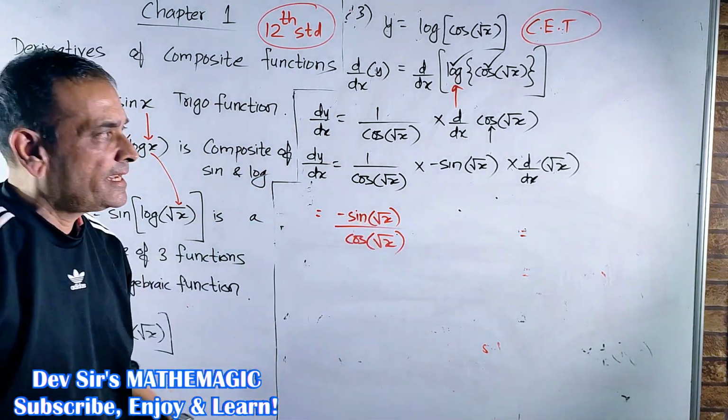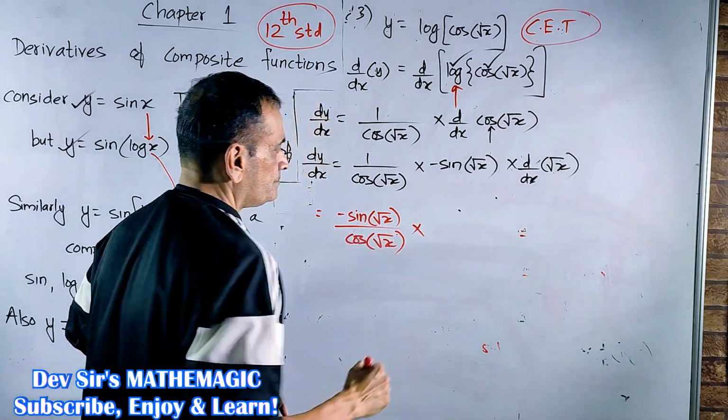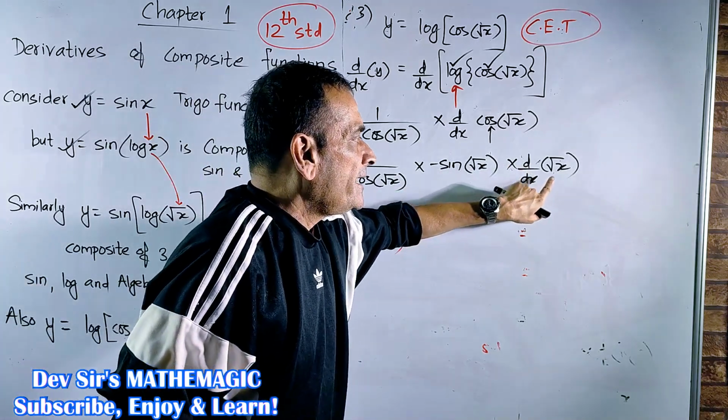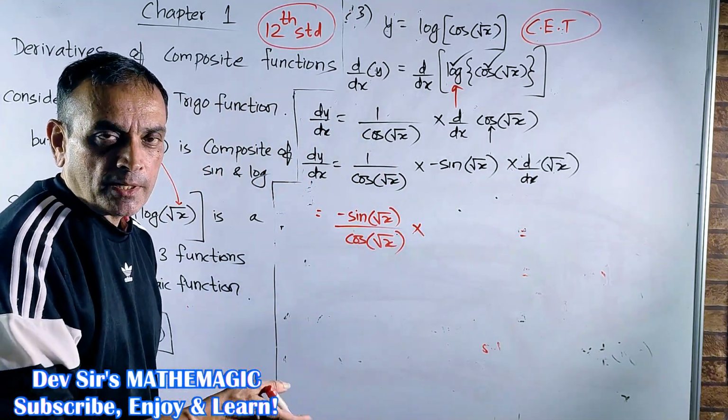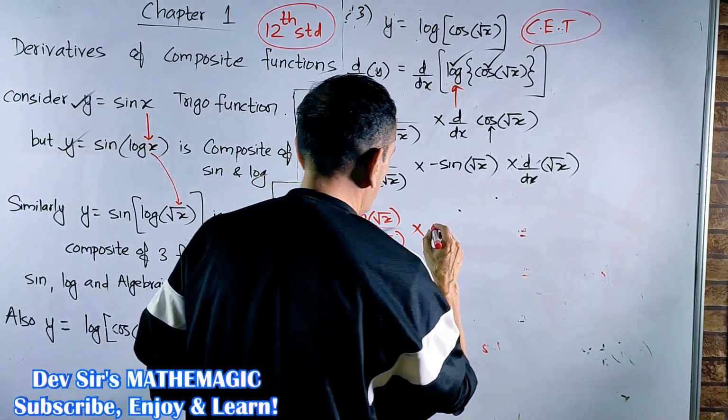Cos of root x ऐसा ही है. d by dx of root x, फॉर्मूला अभी रख किया मैंने. डेरिवेटिव ऑफ रूट x 1/2 root x.